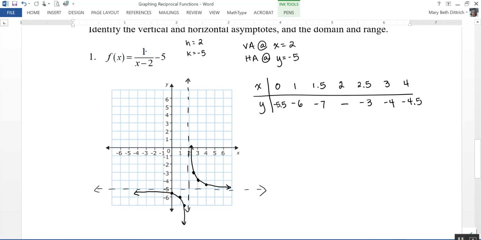So that's basically f of x equals 1 over x, which looked something like this, translated 2 units to the right, because h is equal to 2, and 5 units down. My domain is x is not equal to 2, and my range is y is not equal to negative 5. So x can be all real numbers except 2, y can be all real numbers except negative 5.